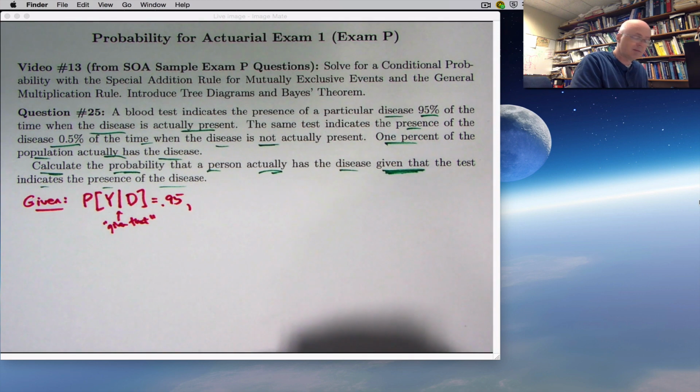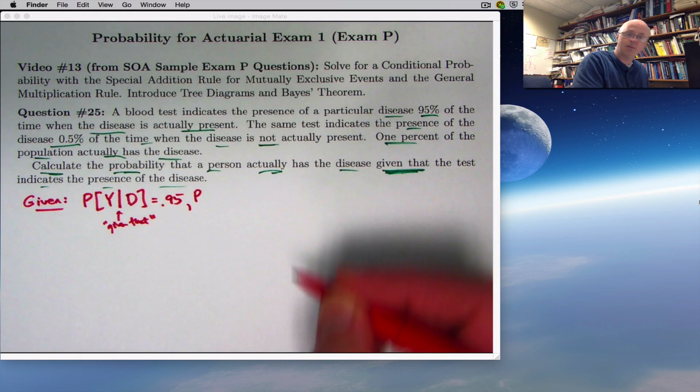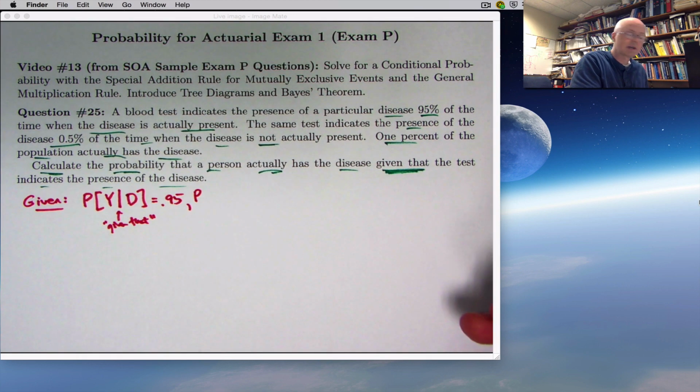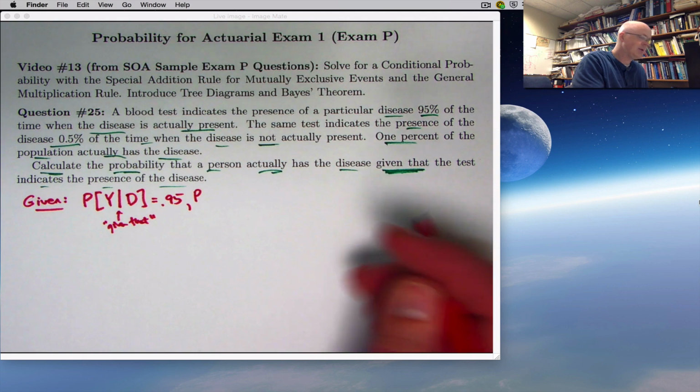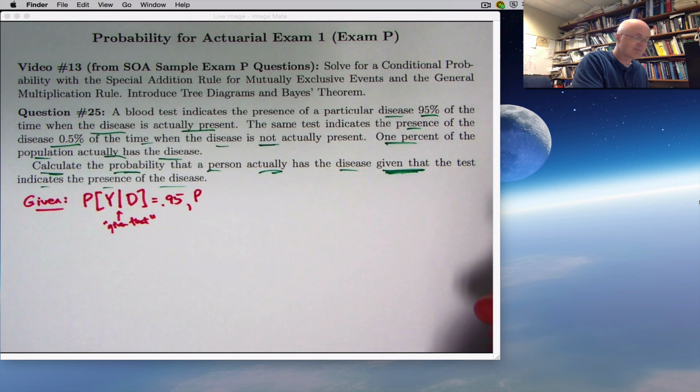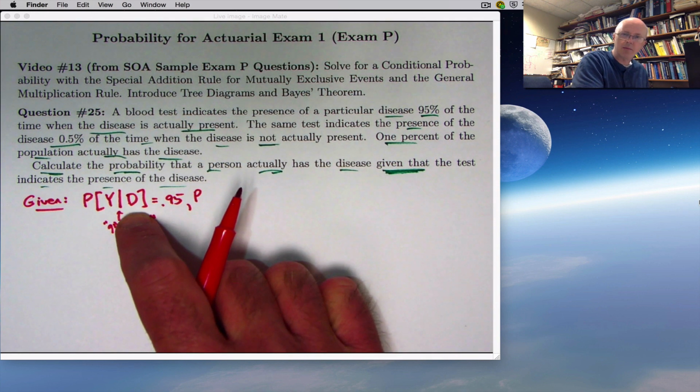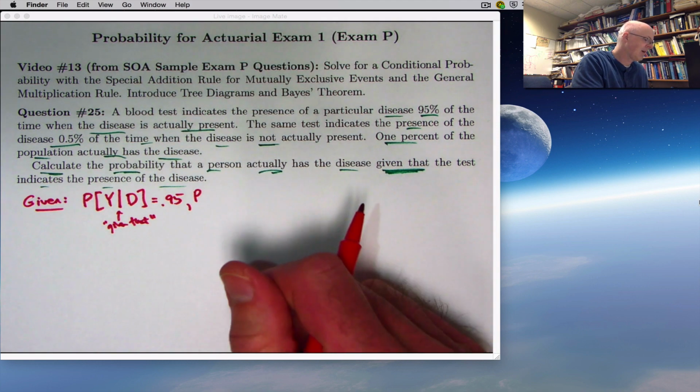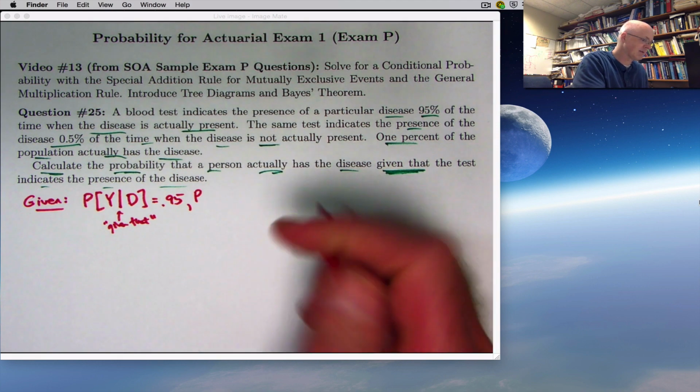That's a conditional probability. This 0.5%, 1/2%, is also a conditional probability. If you know they do not have the disease, D prime, the complement of D, is what is given, what is the probability that it comes back positive?